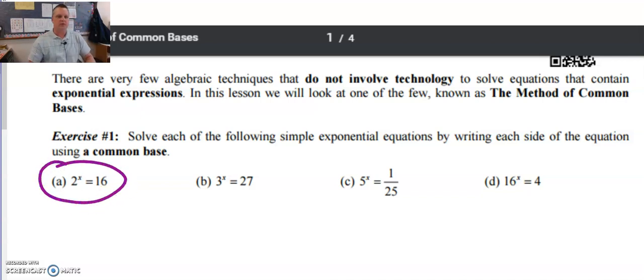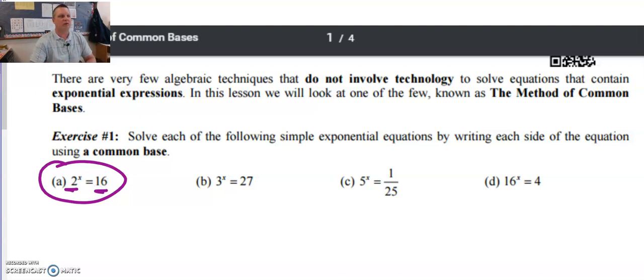The first one, 2 raised to the x power equals 16. What we have to do is get a common base, so it's known as the method of common bases. The smallest number, 2, can't be broken down anymore, but 16 can be broken down.